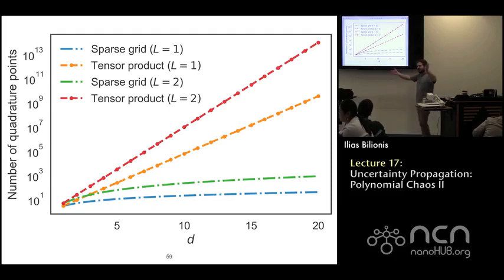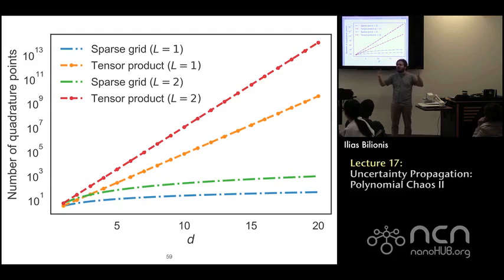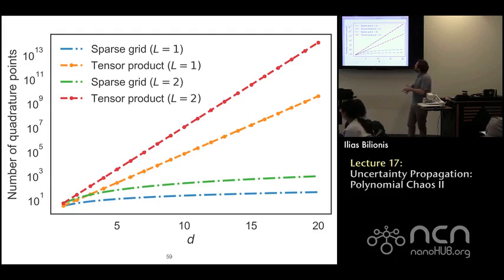So the tensor product is built by taking the tensor product of D one-dimensional quadrature rules. How many points does the one-dimensional quadrature rule have? For L equals 1, it has one node, I think, not one, more than one.